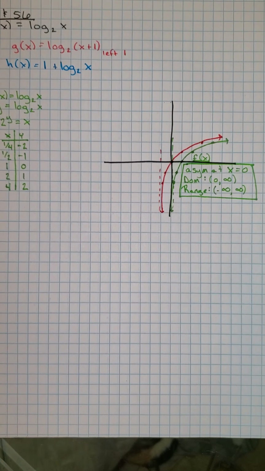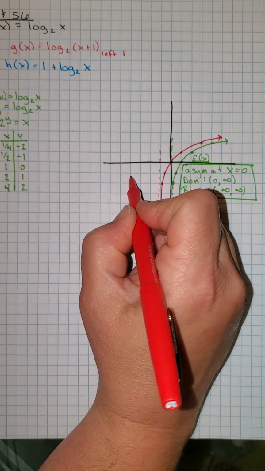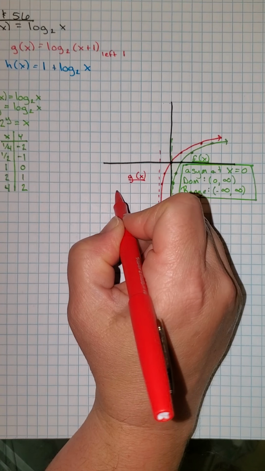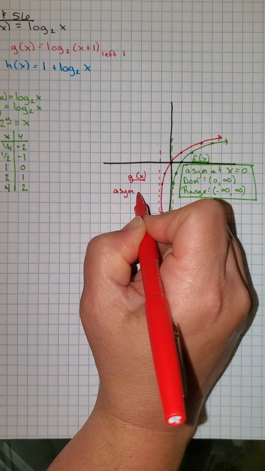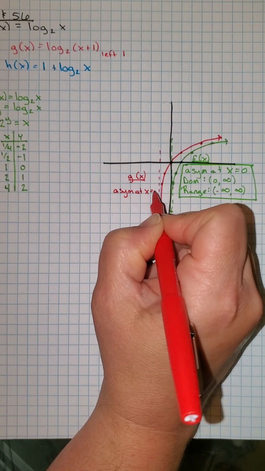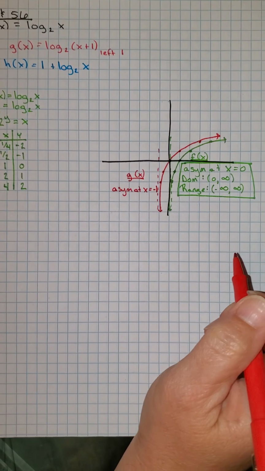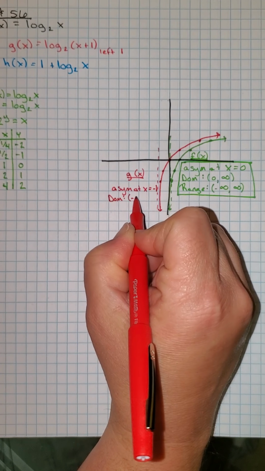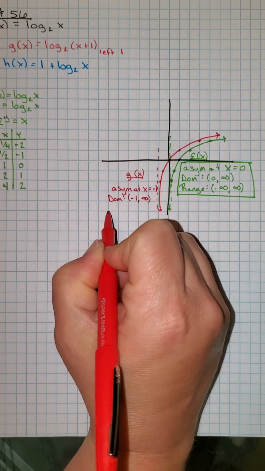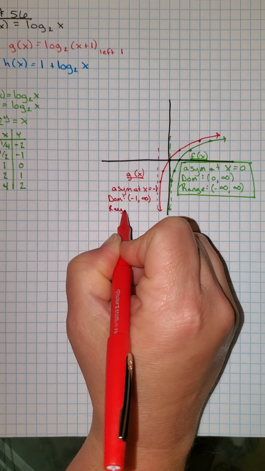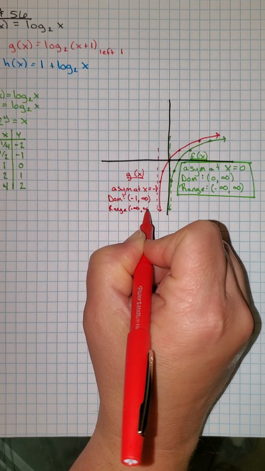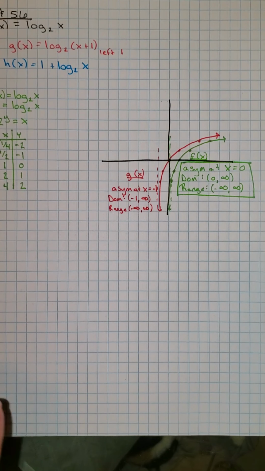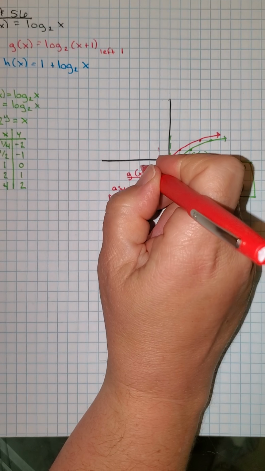So this is the graph of g of x. It has an asymptote at x equals -1. Running out of room. The domain would just shift a little, go from -1 to infinity. And the range would still be negative to positive infinity, both with everything with parentheses. Okay, that's g of x.